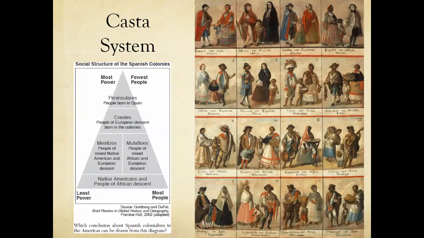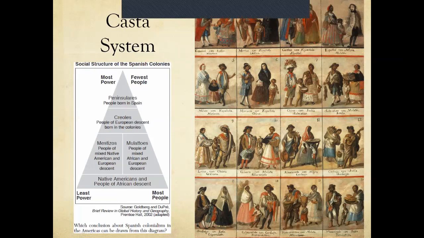And the vast majority of the Europeans who come are male. And so there are going to be different groups of people that will end up being in a hierarchy. And it's tied to legal rights and the opportunities that people have, which would be known as the casta system. So this is a name for the social hierarchy that's based on race and ethnicity.